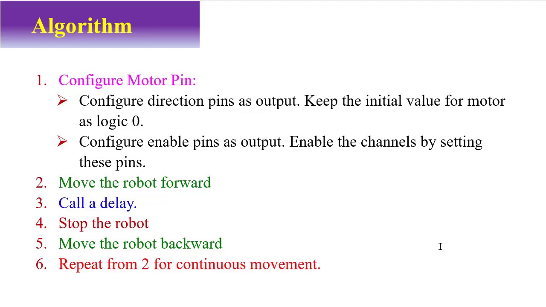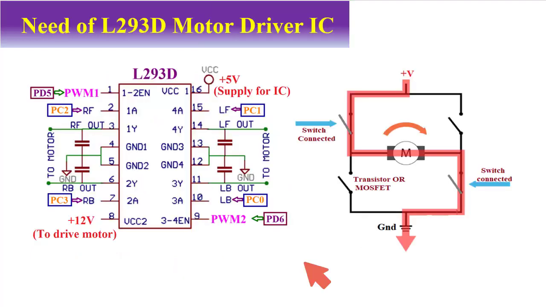For controlling the direction, what might be the algorithm? First of all, we need to configure the motor pins. The 4 terminals PC0, PC1, PC2 and PC3 from the microcontroller are connected with this L293D, so these should be initialized as output pins.